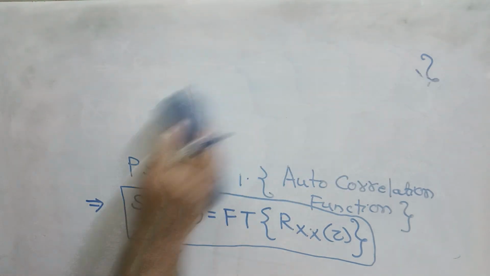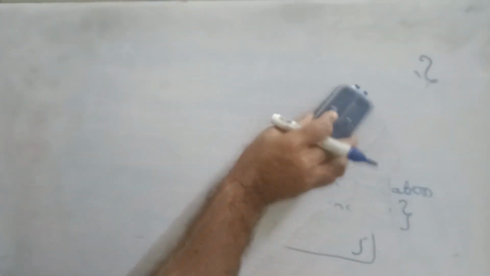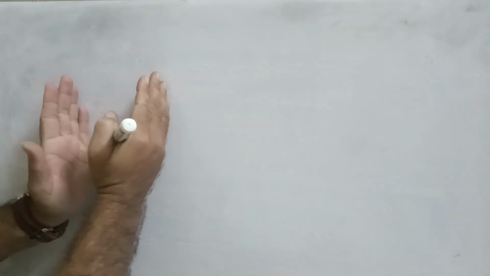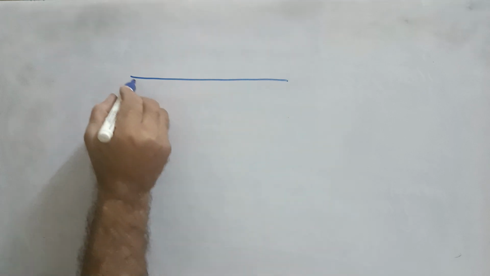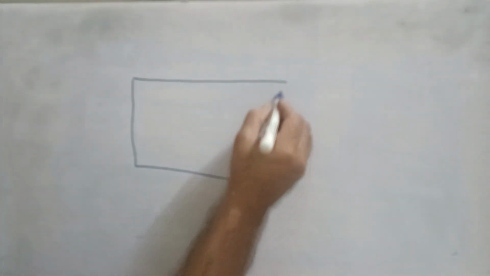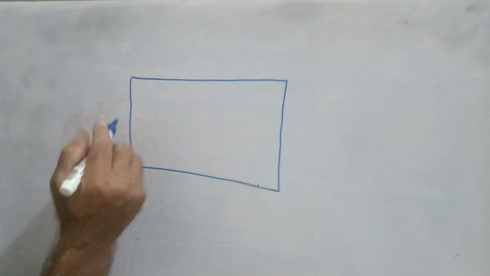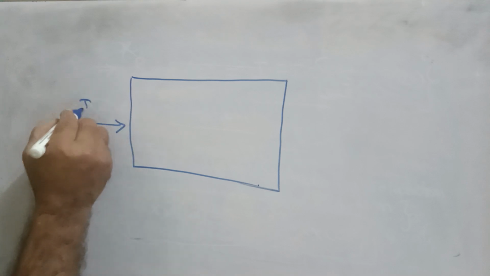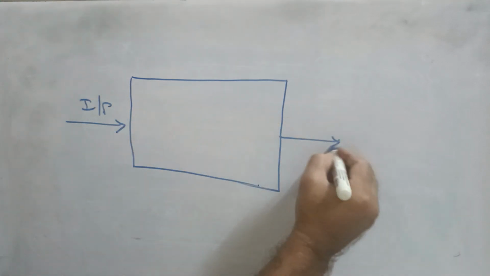Now I am going to give you another very, very important relationship: the relation between the input power spectral density and the output power spectral density. Let us consider a system. It has a certain input and a certain output.